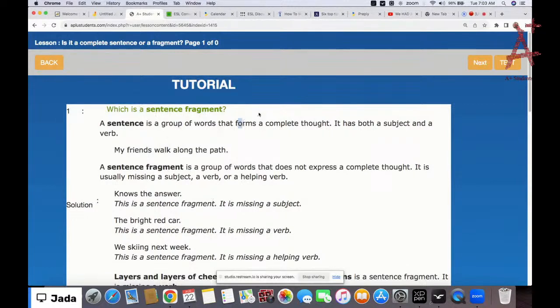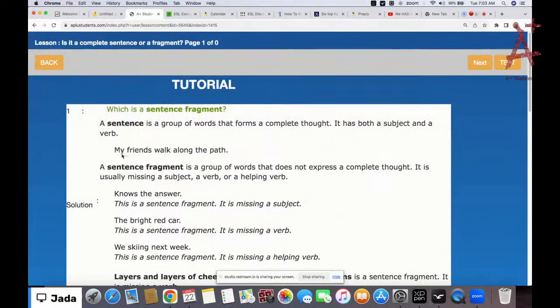One thing you need to note is that a sentence forms a complete thought. It definitely makes sense, and it has both a subject and a verb.